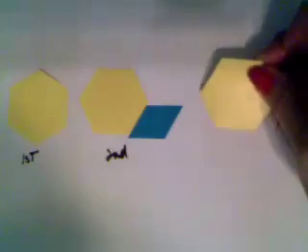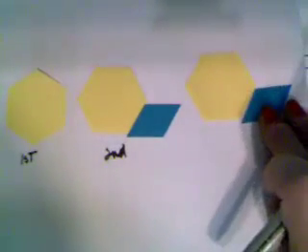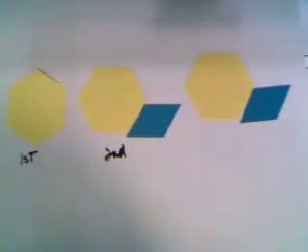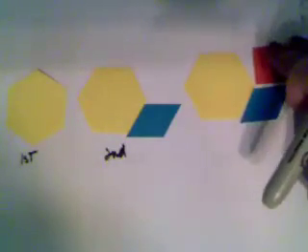Then we have our hexagon with their parallelogram with our square.